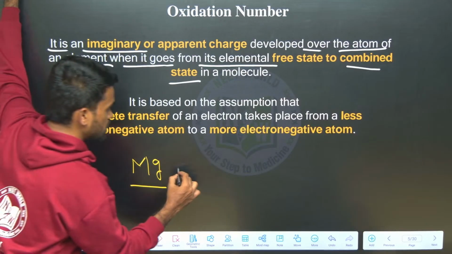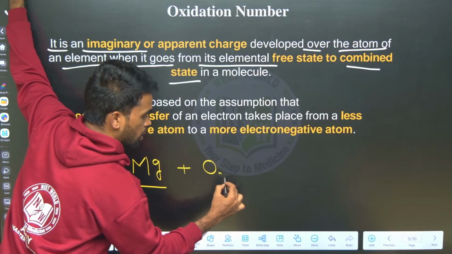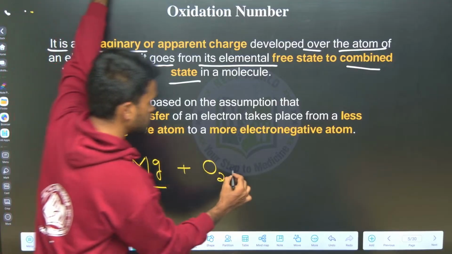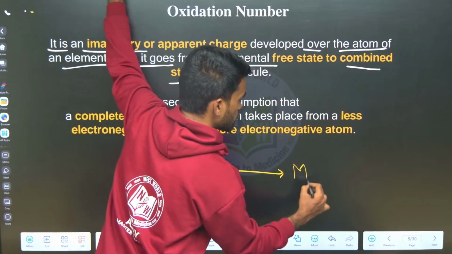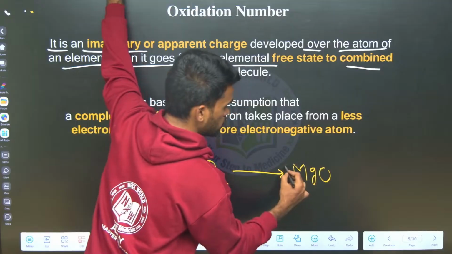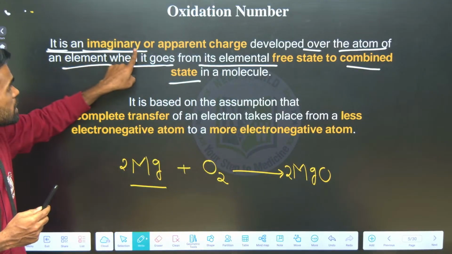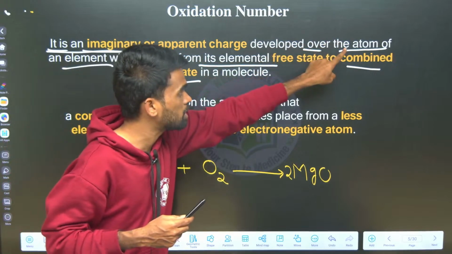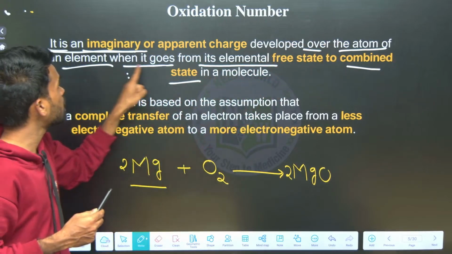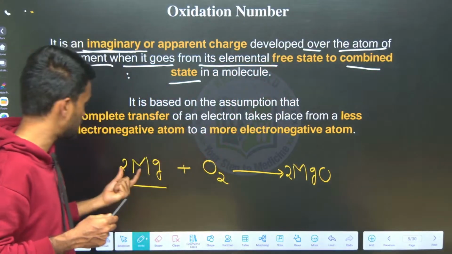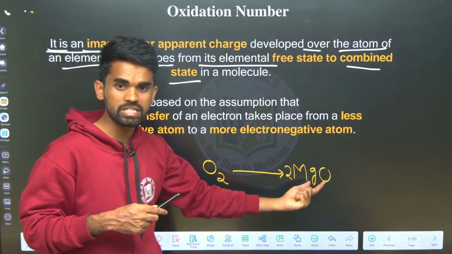When it undergoes a reaction with oxygen, what is it forming? Magnesium oxide is formed. So once again, it is an imaginary charge developed over the atom of an element when it goes from its elemental free state to combined state in a molecule.